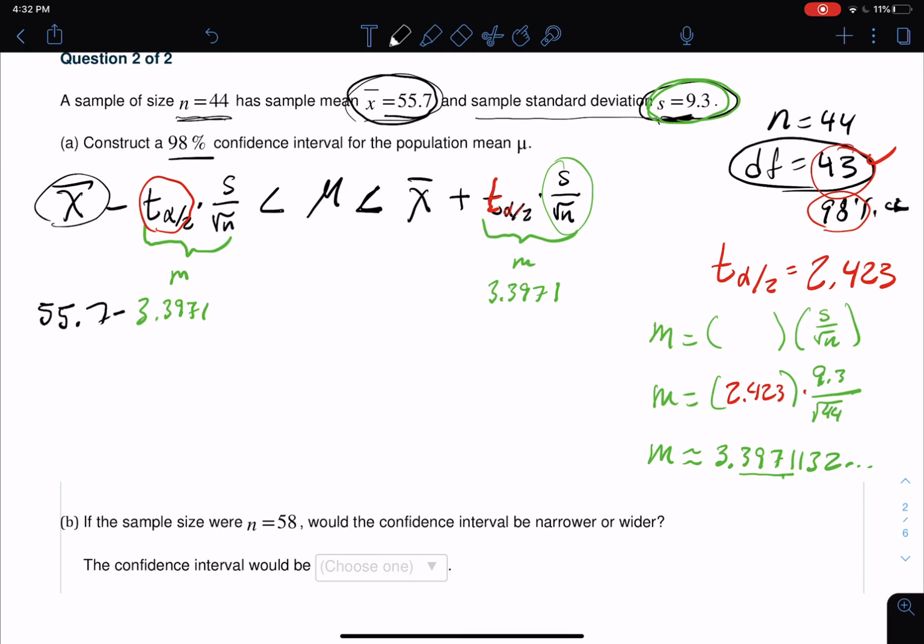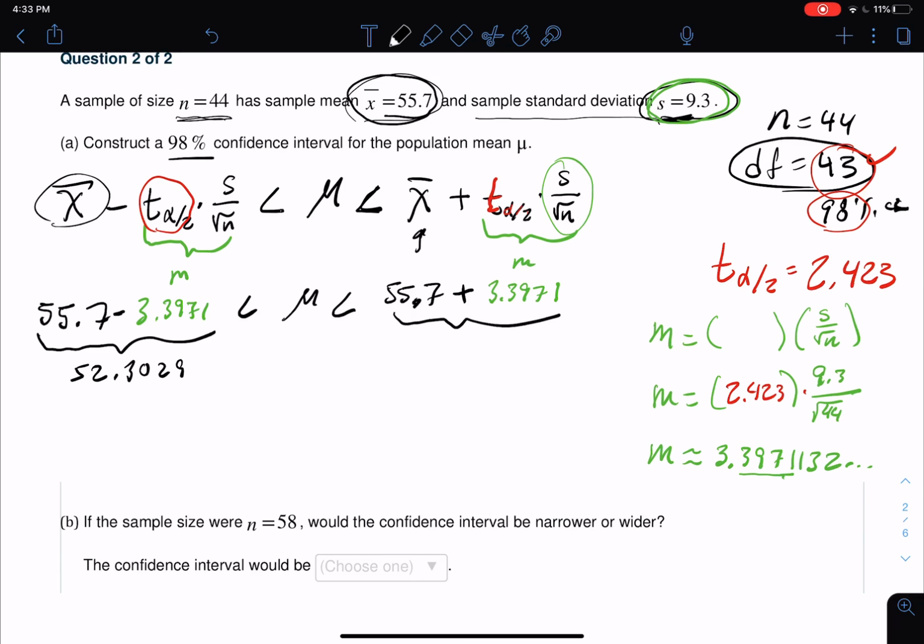And that needs to be subtracted to get the lower bound. And then this piece is our sample mean again, 55.7, and that needs to be added to the margin of error to get our upper bound. So when we do this, we end up getting 52.3029. And we do this calculation, and we get 59.0971.